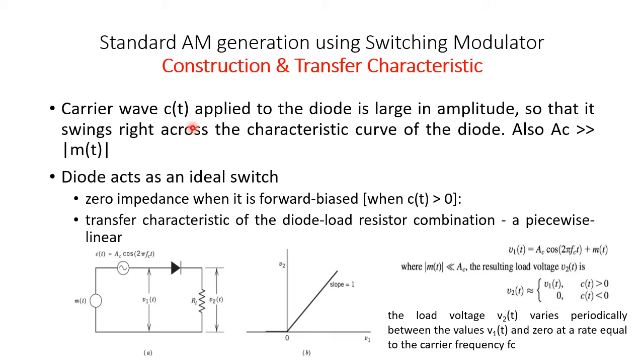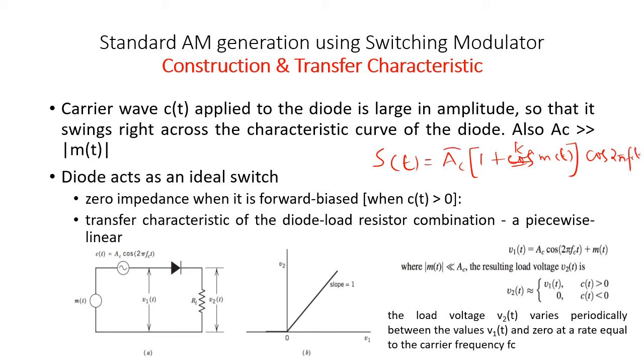Once we mathematically model it, we'll get to know what the desired and unwanted components are. Basically we should get this S of t, our desired component, of this form: Ac into 1 plus ka m of t, times cos 2 pi fc t, right?